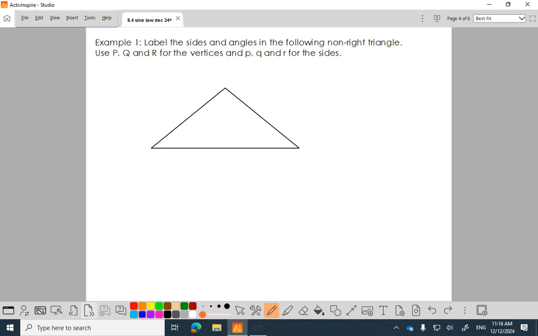So this question, all we're going to do is label. We want P, Q, and R to be the angles or the vertices, and then lowercase p, lowercase q, and lowercase r for the sides. It doesn't matter. If I put P up here, side P is across.